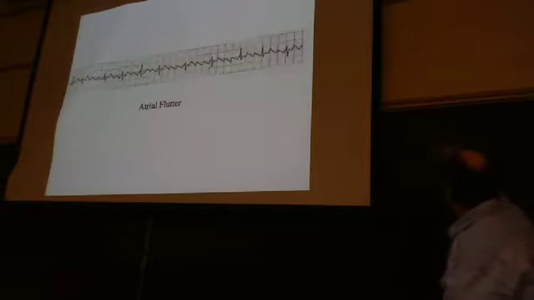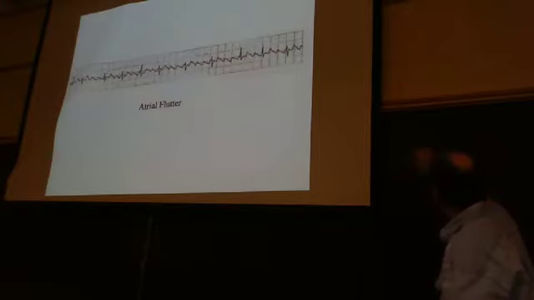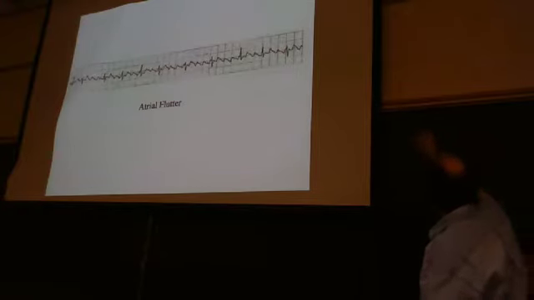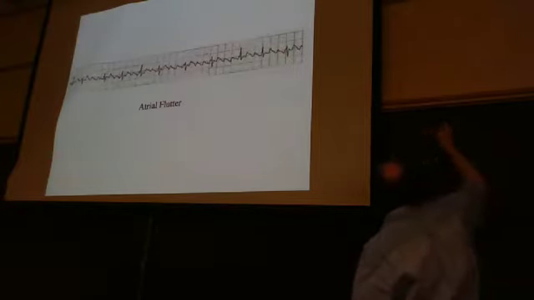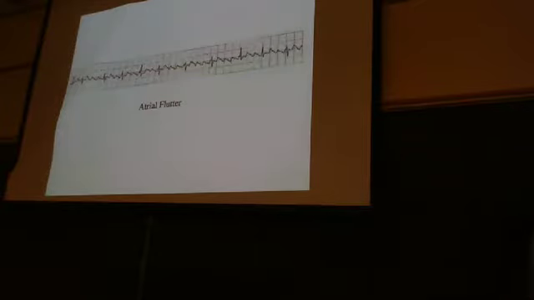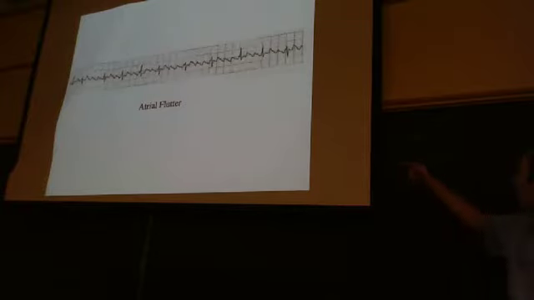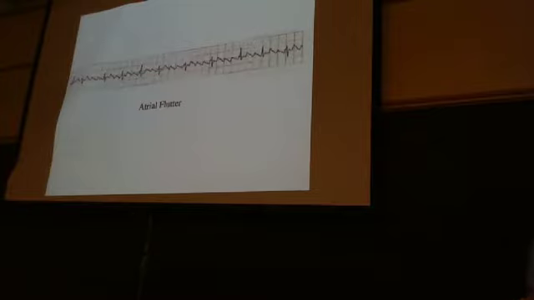It swings around and comes back and starts going in a circle. This is called reentry. The beating of the atrium then would depend not on what the SA node is doing, but on how fast you go around this reentrant loop.